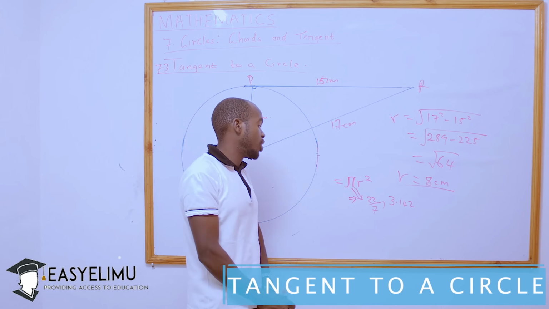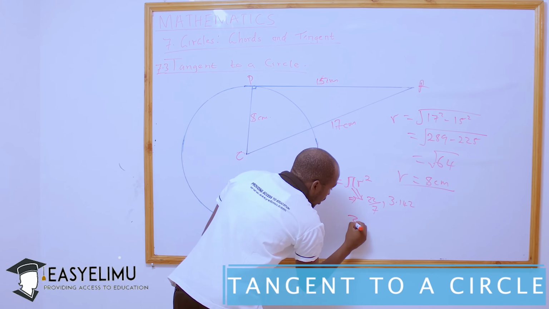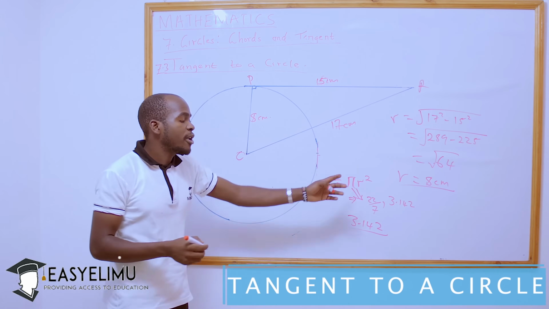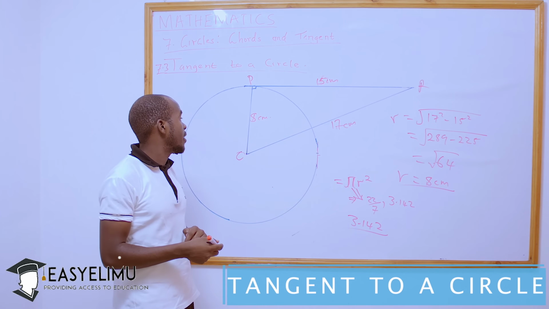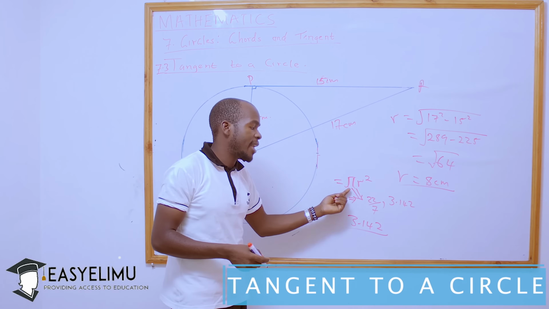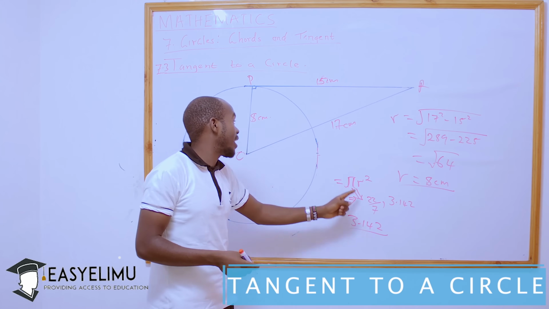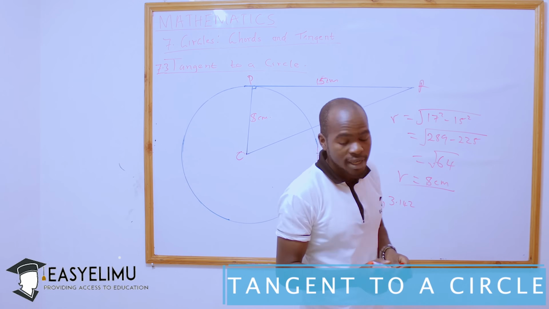So for our case here, we shall use 3.142. I have helped you to find the radius using the relationship. Then I need you to find the area taking pi as 3.142 and radius as 8, and see what you will find as the area of that circle.